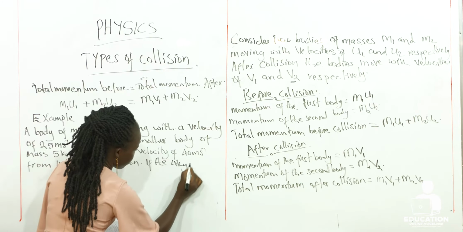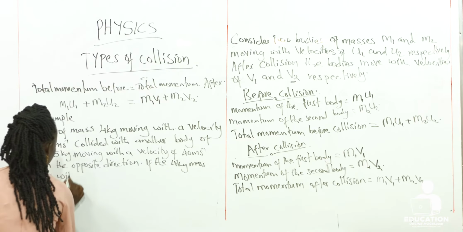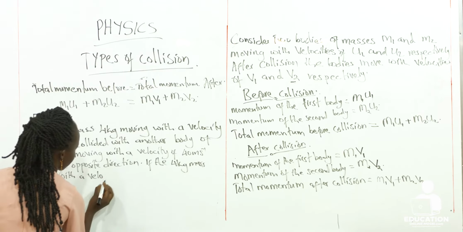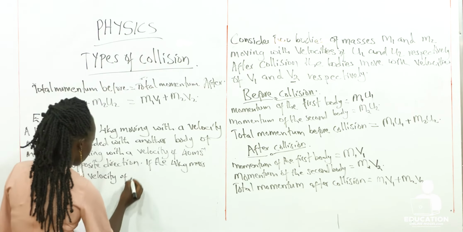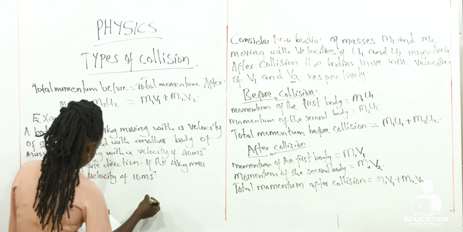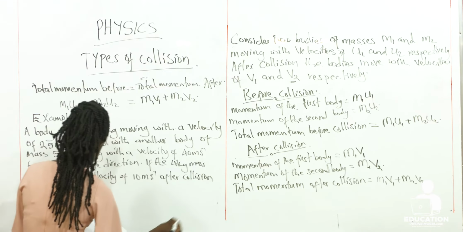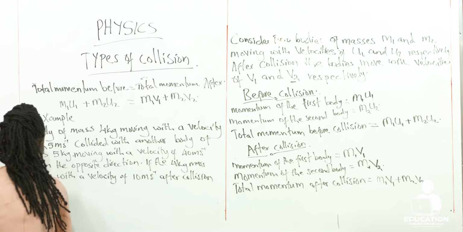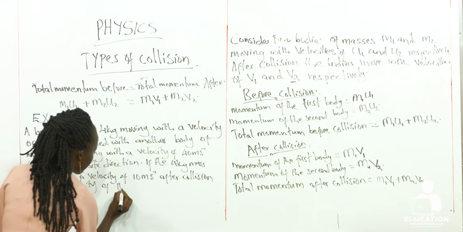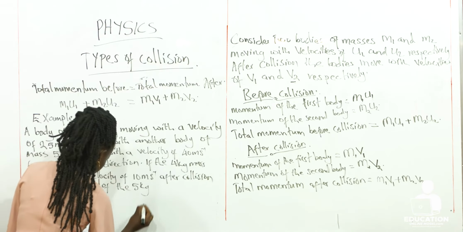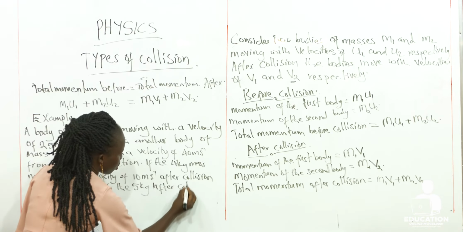If the 4 kilogram mass moves with a velocity of 10 meters per second after collision, find the velocity of the 5 kilogram after collision.